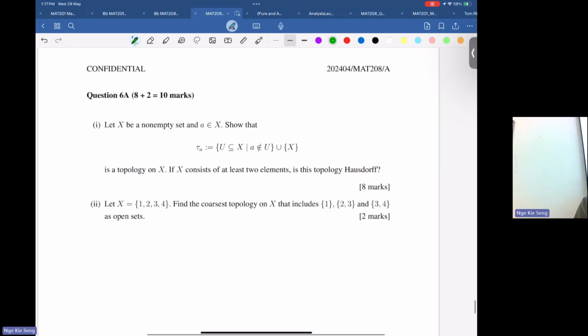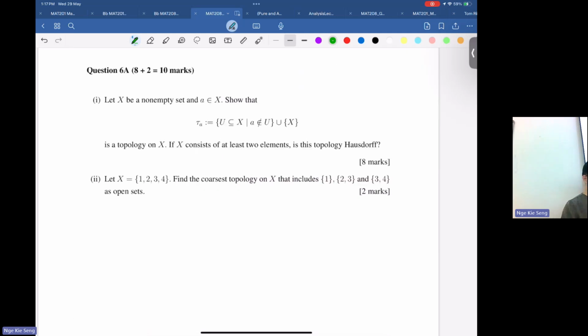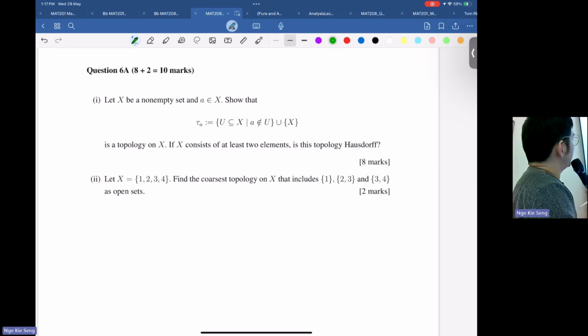Okay, good. Next, question 6. So I give you a specific topology, and then ask you to show it is a topology, and then ask you whether this topology is Hausdorff or not.